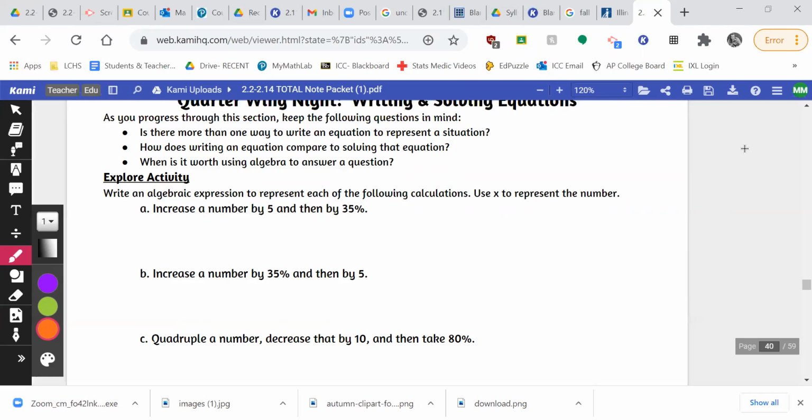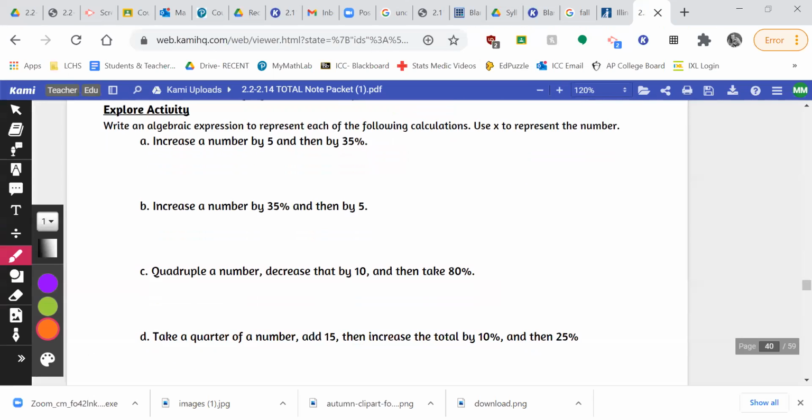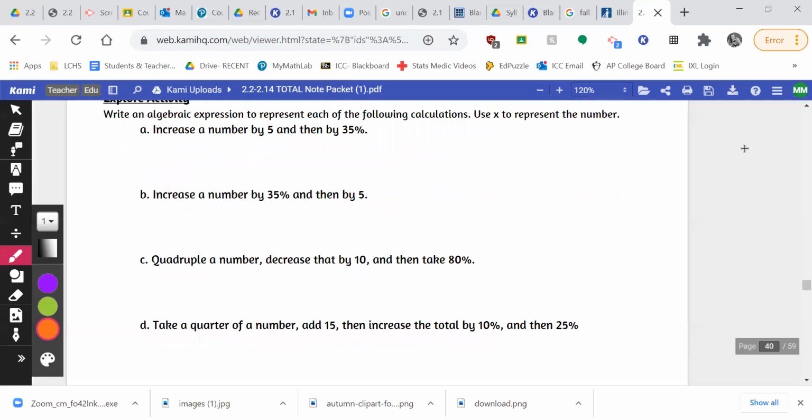Okay, before we begin, we're going to look at different ways to repeat the following calculations. This one says to increase a number by 5 and then by 35%. If you increase a number by 5, you are adding 5.